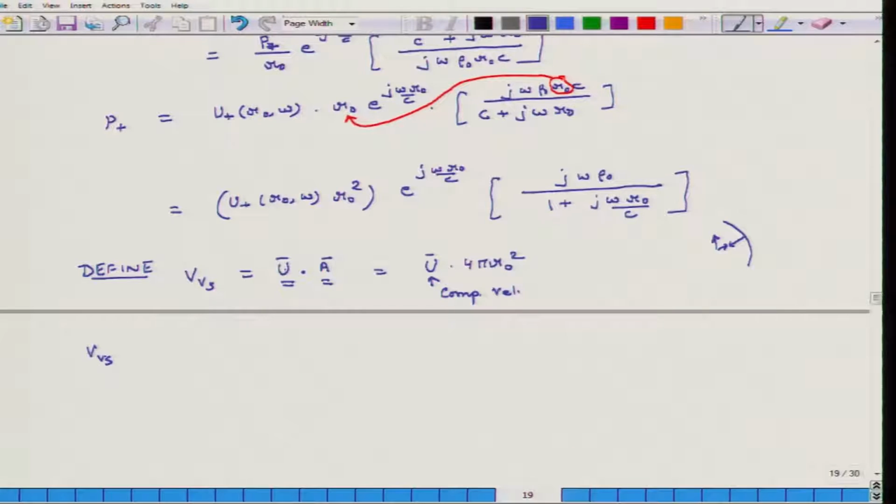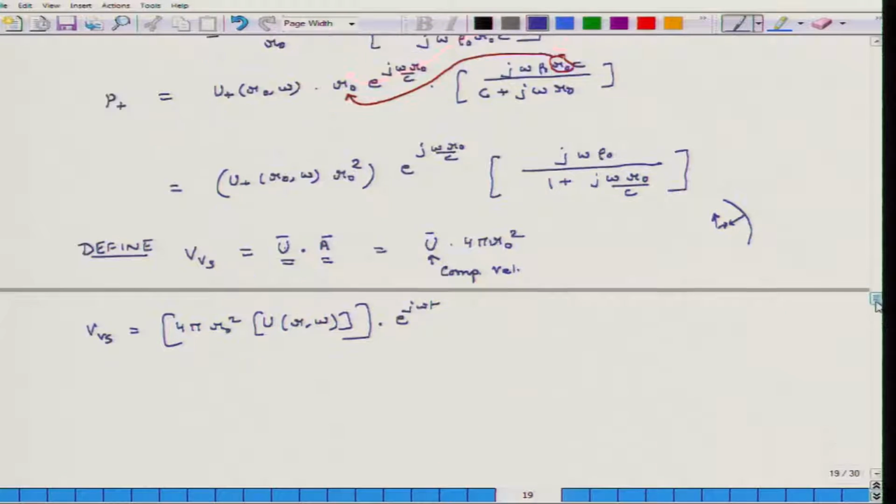So VVS will have 4 pi r naught square times complex velocity amplitude times e to the j omega t, right, that is how it is going to behave.